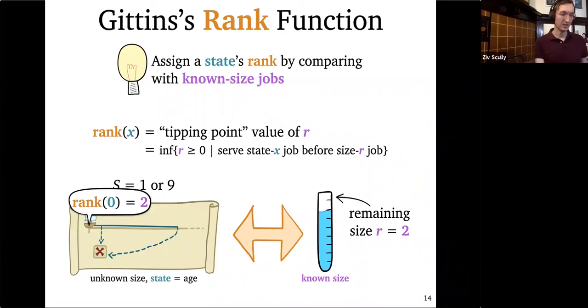So, right. We've got a coin toss of 1 or 9 versus a job of size 2. The basic idea is that the right thing to do for the job of unknown size, 1 or 9, is to run it for 1 second. And then after 1 second, it has a probability 1/2 of finishing.